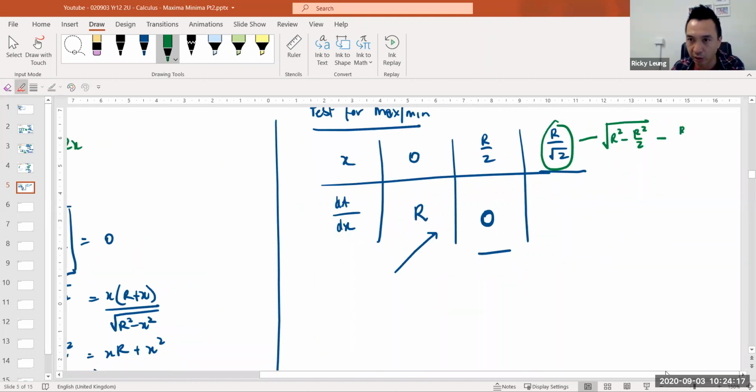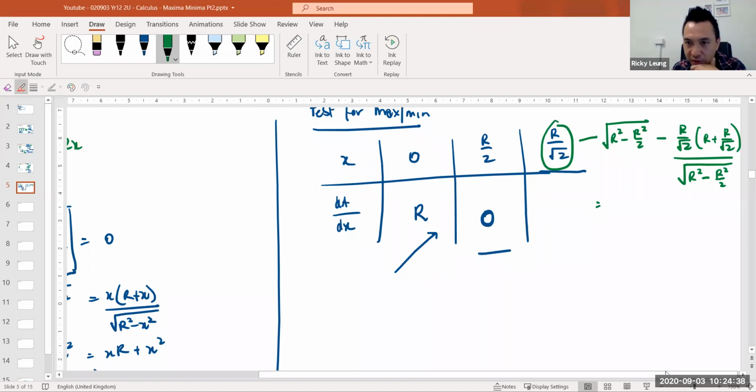So r on root 2 times r plus r on root 2, all over the square root of r squared minus r squared on 2. Now, it was a bit complicated, but hopefully it cleans up nicely.